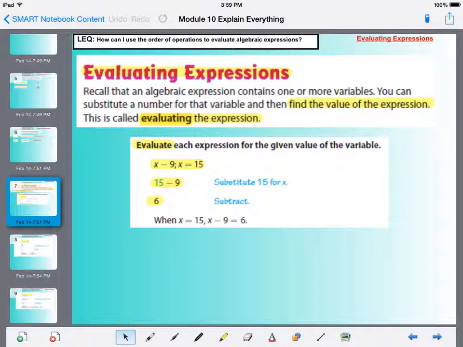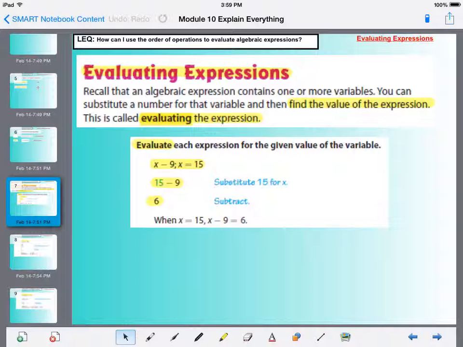When we evaluate expressions, we are solving for the variable. So if, for example, we have an expression like x minus 9, I wouldn't be able to solve that unless you gave me the value of x, and in this case, x equals 15. So it's a matter of just substituting and plugging in 15 for x.